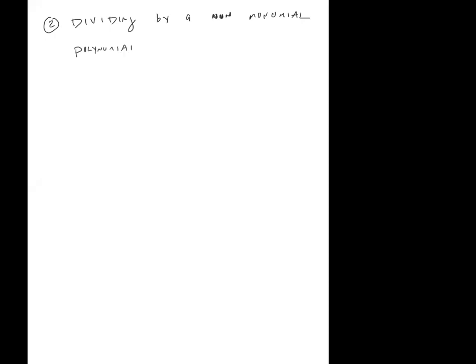So if you're dividing by a non-monomial polynomial, you have two options. There's two methods. One method is long division. Second method is synthetic division.